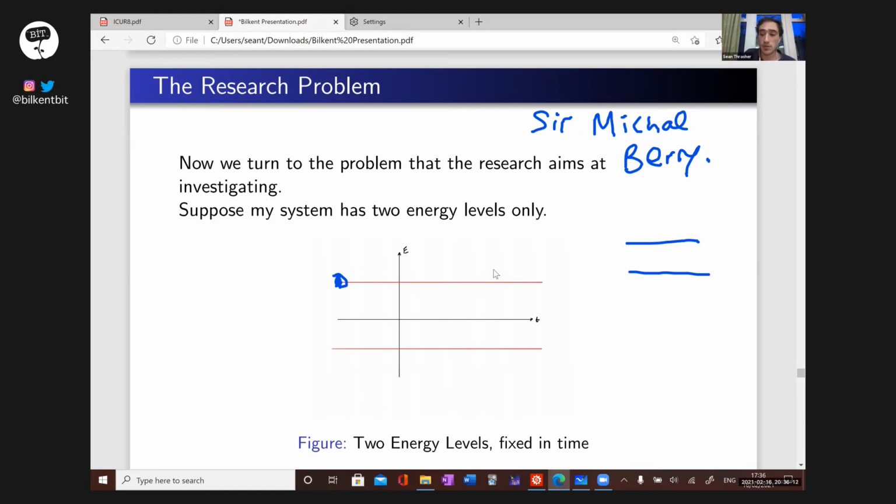So no transitions would happen, and life would be pretty boring because, arguably, a lot of chemistry is based on the fact that electrons can transition and give off energy and all sorts of things like that.